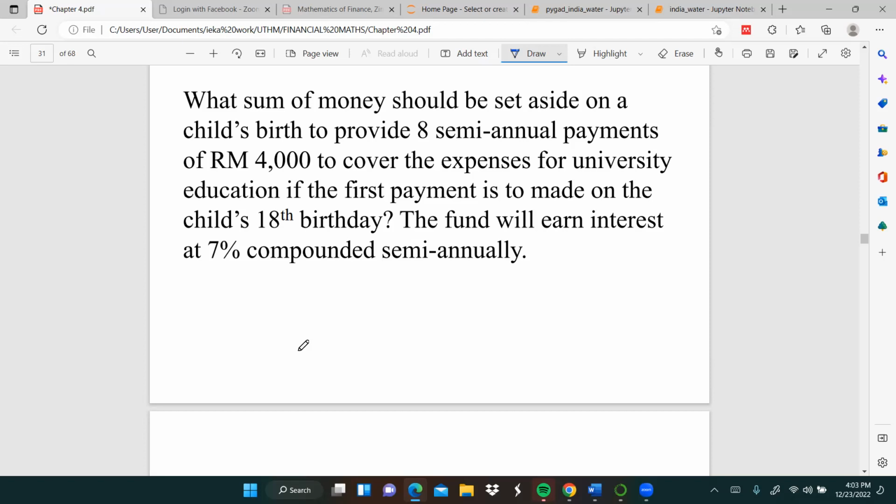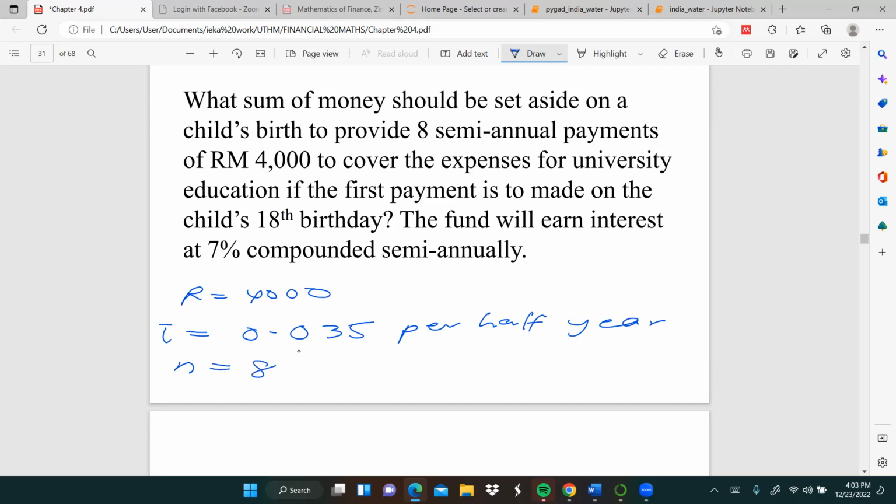Okay, so untuk this case, right. So we need to find is A. We have R. Okay, R is the 4,000. Okay, I is 0.035 per half year. Okay, because it's semi-annually. So N is 8.